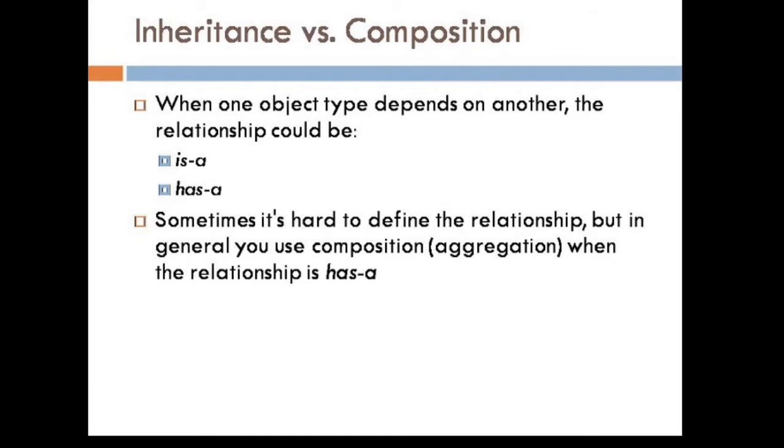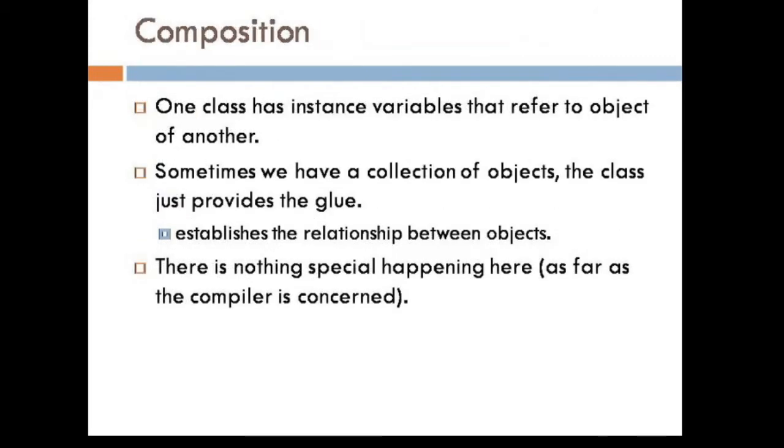In case of has-a, we have aggregation, which is a type of composition. Now, what is composition? One class has instance variables that refer to objects of another. Sometimes we have a collection of objects, and the class just provides glue and establishes the relationship between objects. There is nothing special happening here as far as the compiler is concerned.